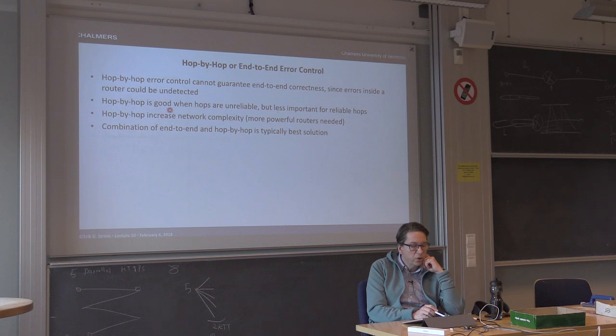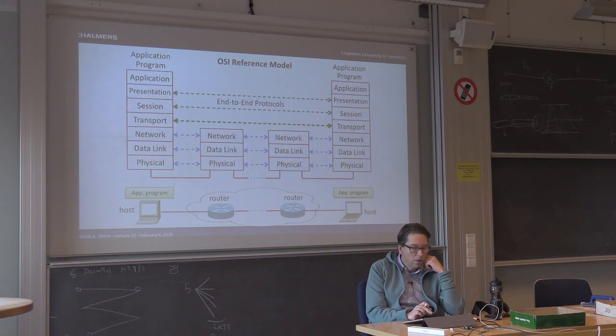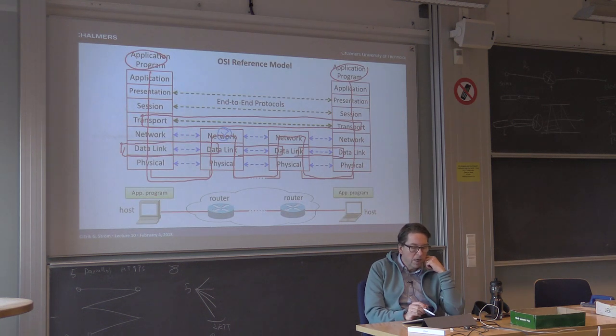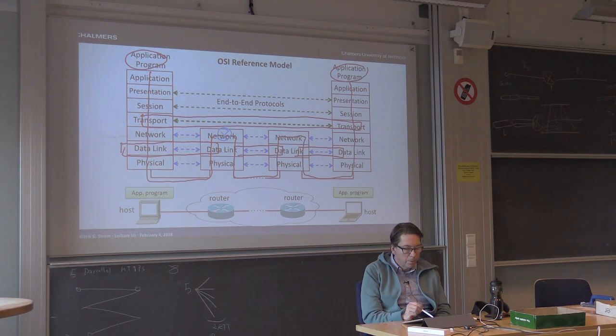So hop-to-hop is actually good, and in particular they're good when hops are unreliable. The reason for this is that if an error happens deep inside the network, then it might be very expensive to correct that end to end and ask for a retransmission and so forth. We use a lot of network resources to correct an error which happens over one link.